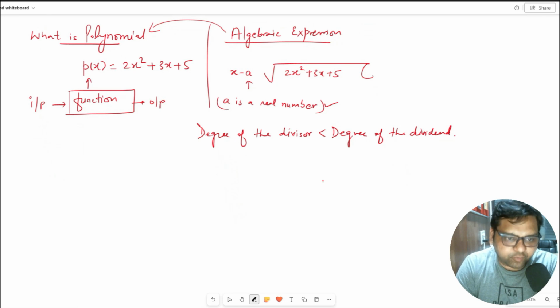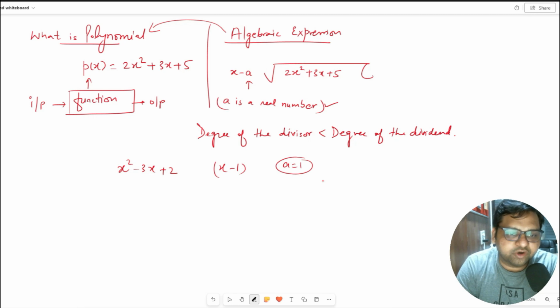if we take more examples like x square minus 3x plus 2, and if you divide this polynomial, let's say by x minus 1, so what is the value of a here? It's 1, okay. So you need not divide. First of all, you just replace x by 1. Replace x by 1, and what will happen? 1 cube minus 3 multiply 1 plus 2.